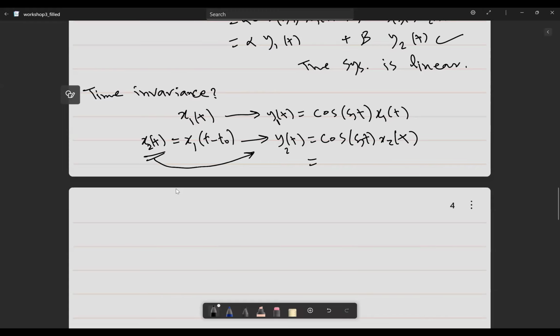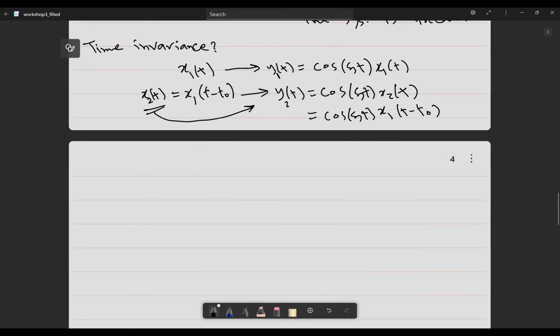And x2(t) is just x1(t minus t0), so cosine 5t times x1(t minus t0). Now we have the output when the input is time shifted.